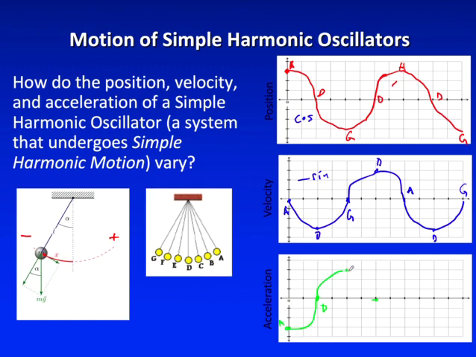It's going to look like this, where this point here is G again. This is a negative cosine curve. And if you double check, that's exactly what we were expecting.